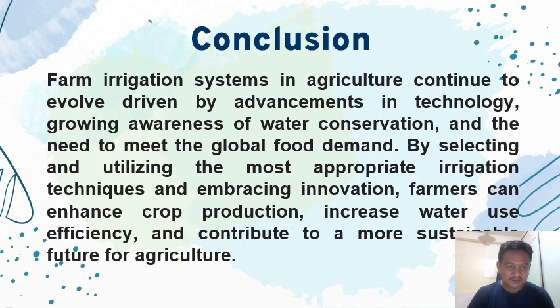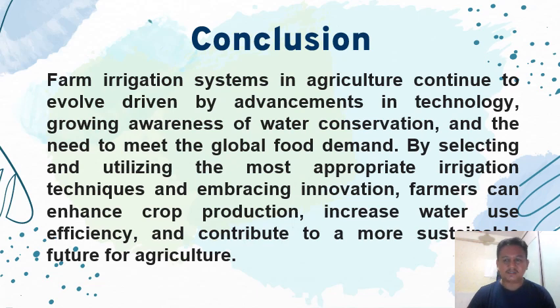For my conclusion, farm irrigation systems in agriculture continue to evolve, driven by advancements in technology, growing awareness of water conservation, and the need to meet the global food demand.